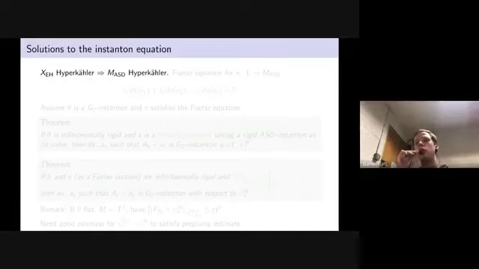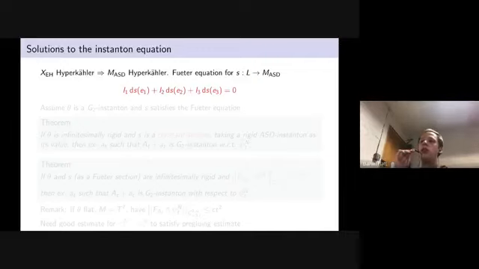The first ingredient we need is a Fueter section. To this end, I said that Eguchi-Hanson space is a hyperkähler manifold, and it's a theorem by Nakajima which says that the moduli space of ASD instantons over Eguchi-Hanson space has itself a hyperkähler structure. This hyperkähler structure is induced by the hyperkähler structure on Eguchi-Hanson space. Then we can write down the Fueter equation for some map S from L to MASD, and you see the equation here.